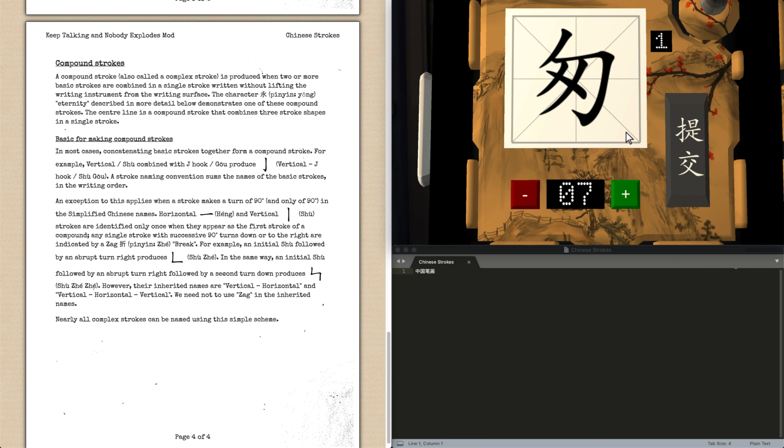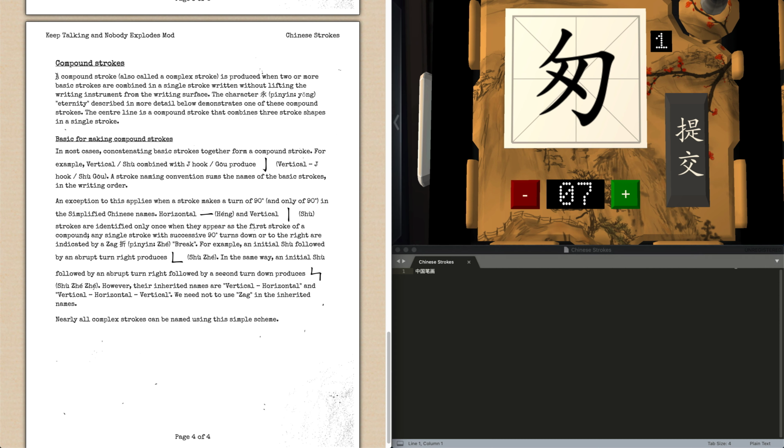Now there are a few signifiers for this, but generally, if you have a stroke that goes left to right and then immediately moves into another stroke, you can tell where the beginnings of the stroke are because they're a little larger, sort of curved out. If you can imagine yourself drawing the line and then having to pivot and start a stroke down, this is all one compound stroke.